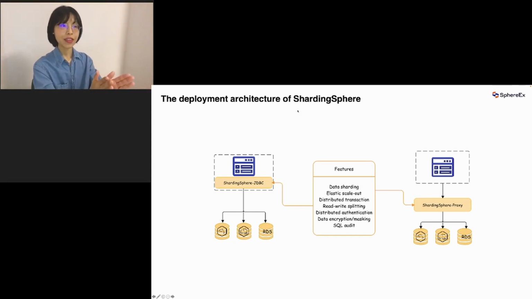Then this proxy can help you do data sharding, elastic scale-out, and so on, and help you manage your PostgreSQL cluster and MySQL cluster. So you can just pick one of them for your scenario.